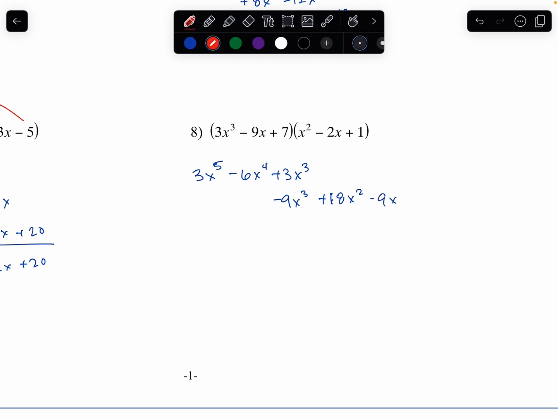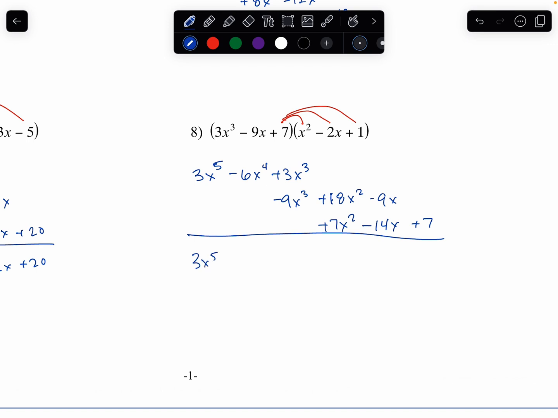And then multiply this through to all the terms, that's going to be 7 and x squared, so that's going to be plus 7x squared, and then that's going to be minus 14x, and then plus 7.